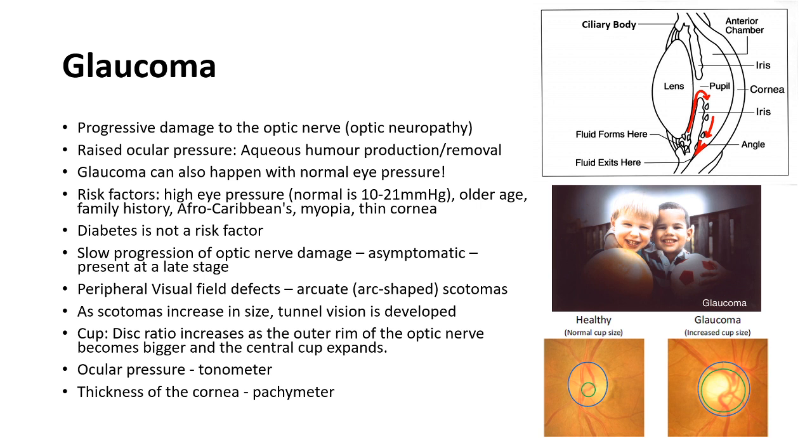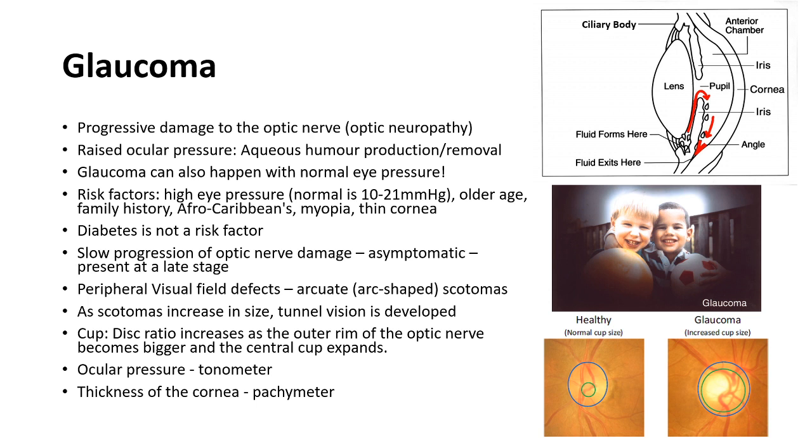Patients will present with peripheral visual field defects due to optic nerve axon damage. These are called arcuate scotomas and can increase in size to form tunneled vision. When looking through the fundoscope, the cup-to-disc ratio will be bigger.